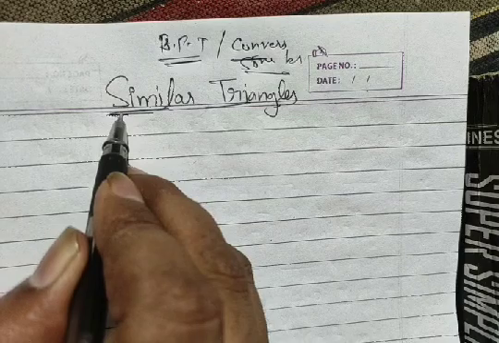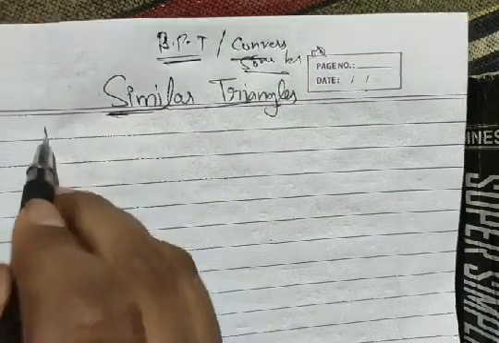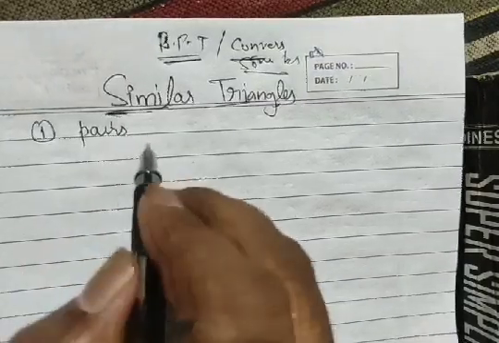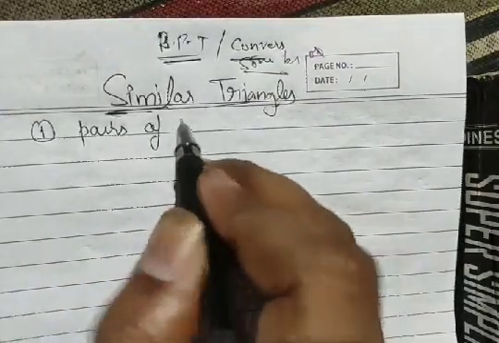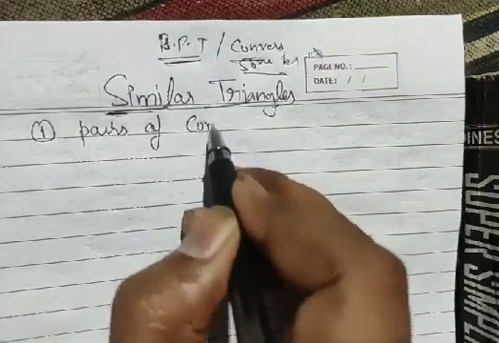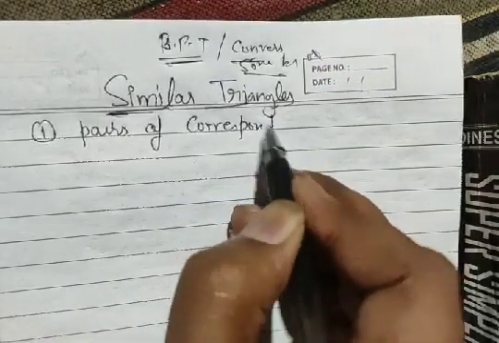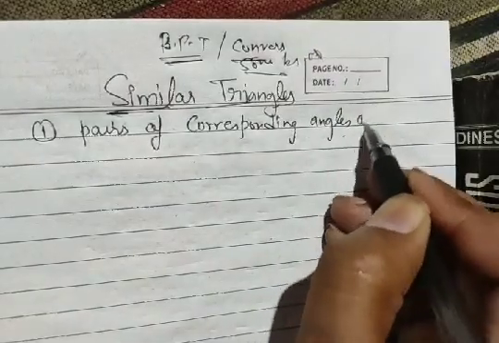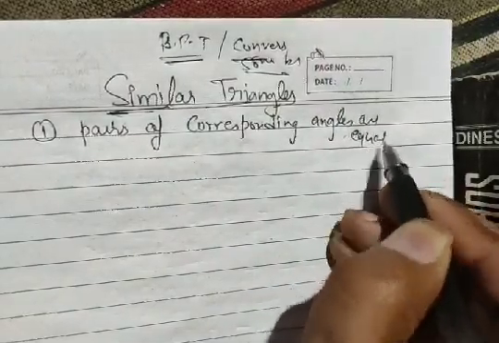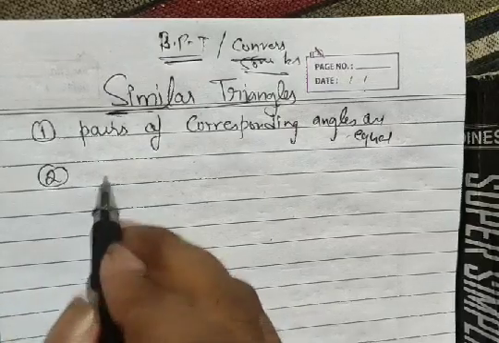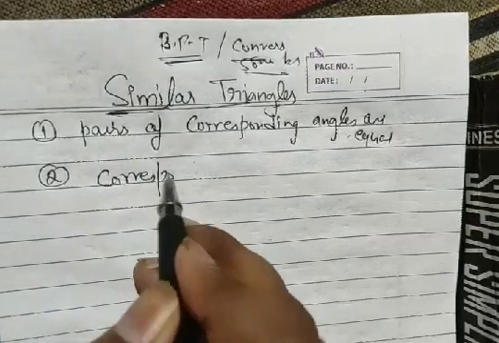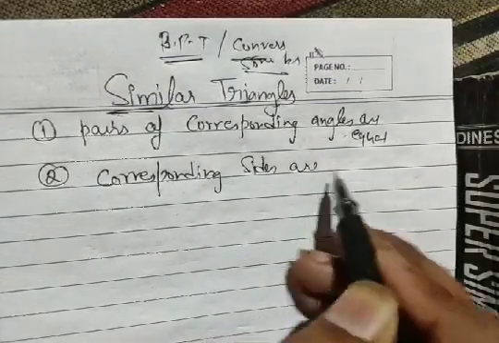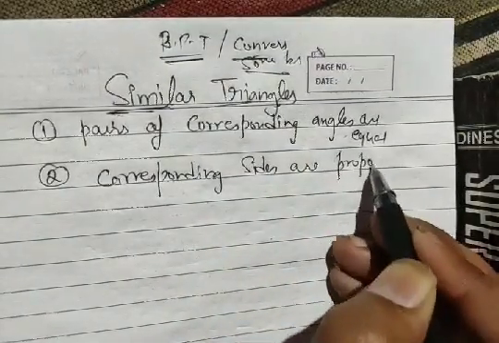A triangle is also a polygon, so two triangles are similar if, first, pairs of corresponding angles are equal, and second, corresponding sides are proportional.